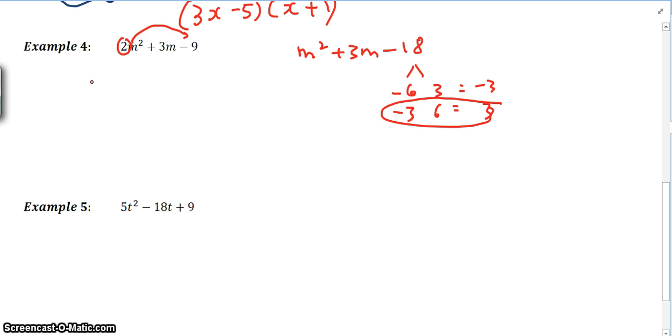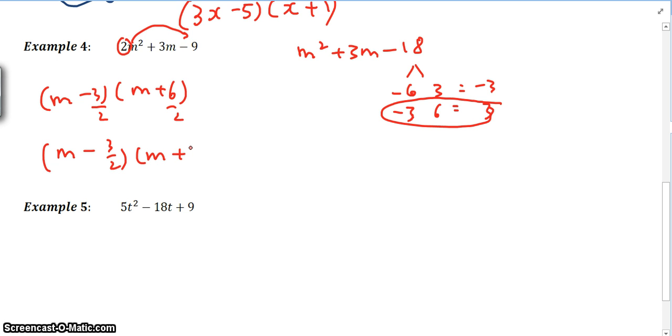So we're going to write this as m minus 3, m plus 6, and then we're going to divide it by the original number that was in front of the coefficient of the squared term. So divide by 2, divide by 2, simplify: m minus 3 on 2, and this becomes m plus 3. And the last thing we need to do is drag the denominator to the front, and what we end up getting is 2m minus 3 and m plus 3.